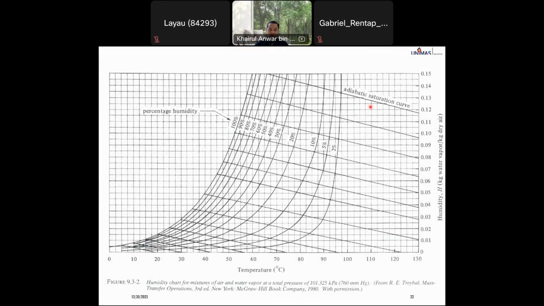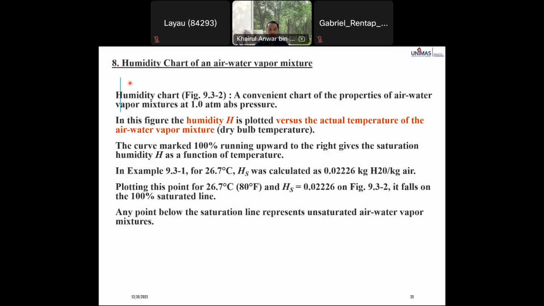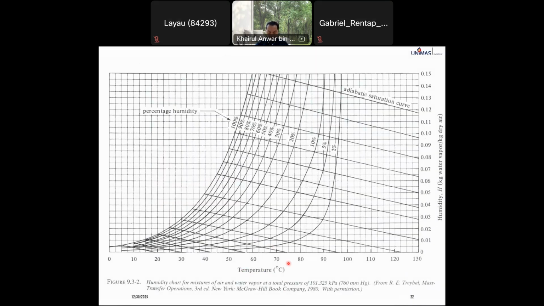This is the humidity chart, a convenient chart of the properties of an air water vapor mixture at 101.325 kPa absolute pressure. In this figure, the humidity H is plotted versus the actual temperature of the air water vapor mixture, the dry bulb temperature.